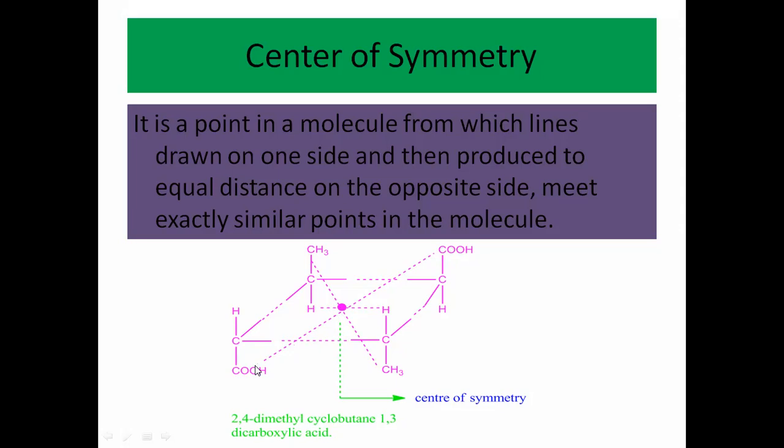Then here is the same group, COOH. Also, if we extend this line, here it is H, and also extending from here, H. And see, this one CH3 is present on this side, and if we extend this line here, the same group CH3 is present. So this point is the center of symmetry.